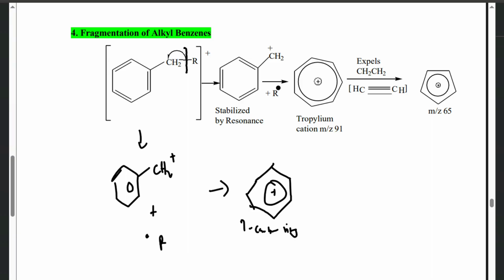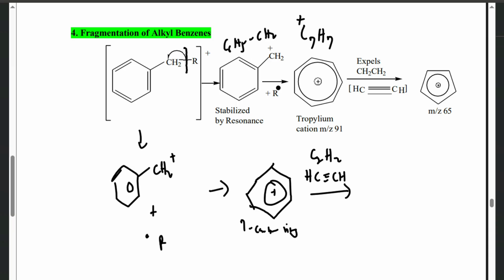So it now expels CH triple bond CH, like it expels C2H2, right? So you having this structure here is already, this one is C6H5 joined to CH2, right? So when it comes here, it's like C7H7 plus, right?